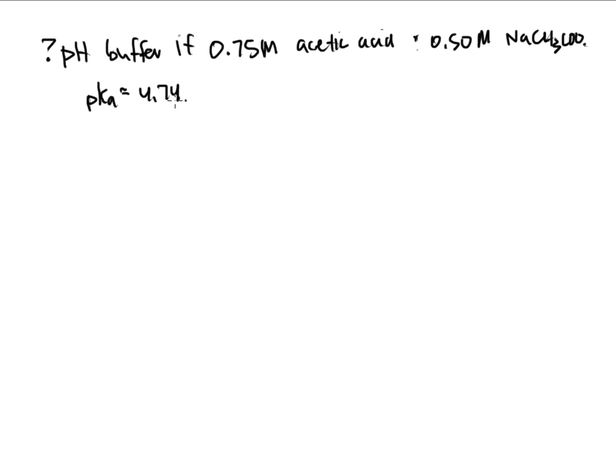So this type of question is saying this is how much acid you've used, this is how much base you've used, and we've done the easy work, and we've gone ahead and calculated the concentration for you. And here's the pKa for acetic acid, because that's the acid that's involved in the buffer. What's the pH?